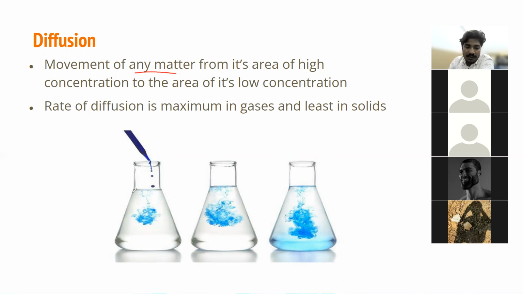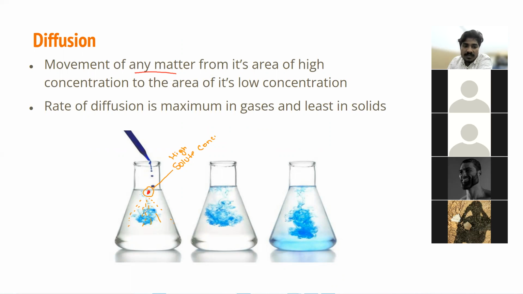If you see over here, suppose you have taken a big conical flask filled with water, and then if you add a single drop of any colored solute, initially this particular area has a higher concentration of solute. Now this solute will diffuse in all directions where its concentration is low.